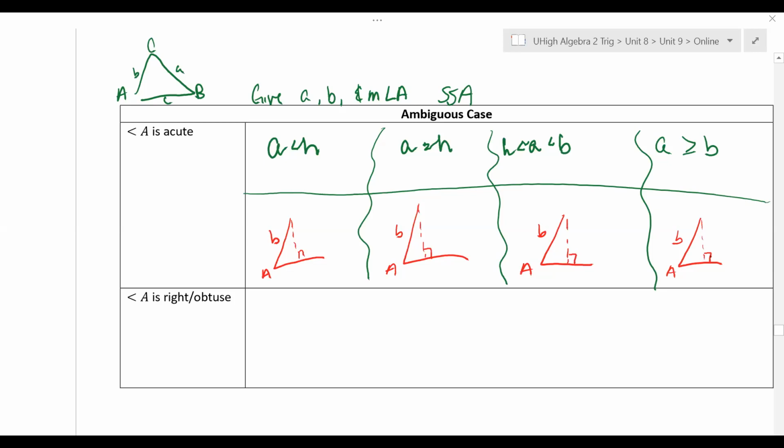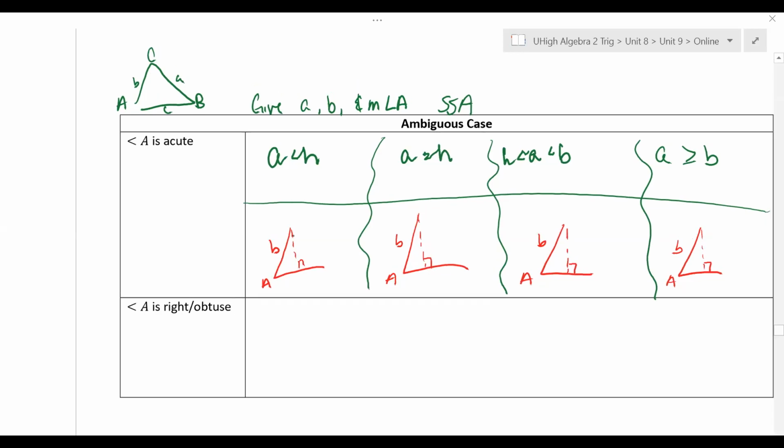Okay, so if a is less than h, so my value of a is smaller than my height, I'm thinking I have this little a value here that can be anything smaller than that red height that I drew.